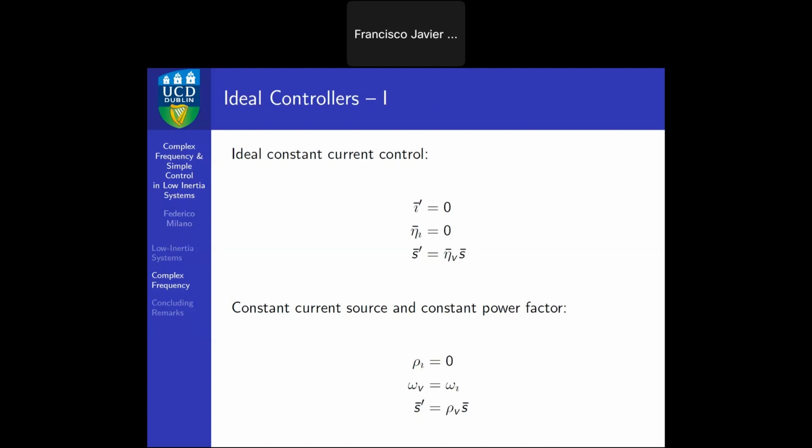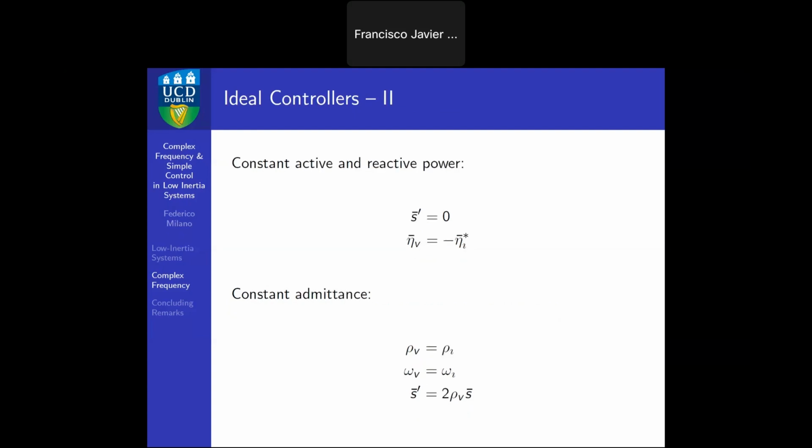So they are actually equal, but only in the rotational part. Then the radial part, as you see, must be different by the controller definition, ideal controllers. Then constant active power, you have this, so you have exactly this expression. One would say Hermitian, but okay, it is the minus of the conjugate.